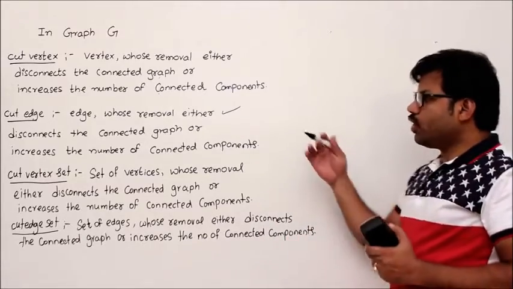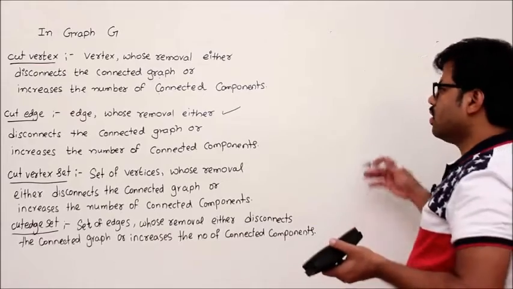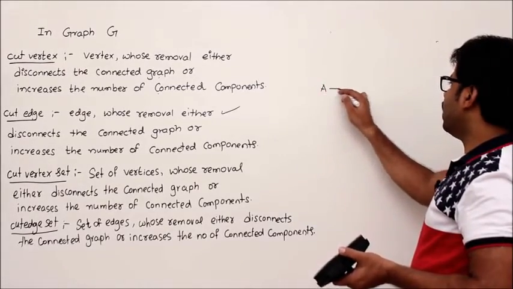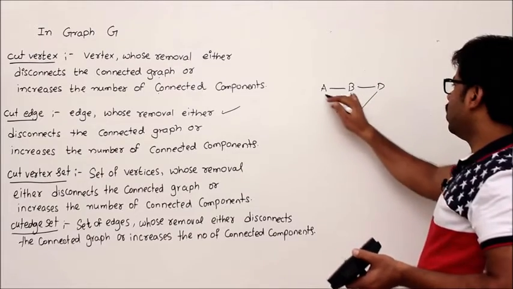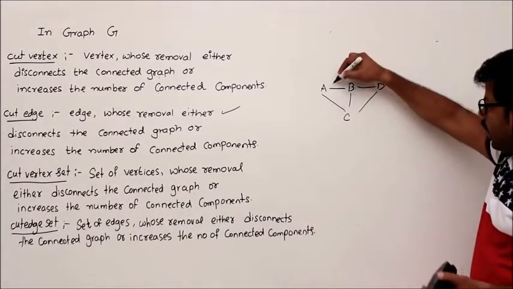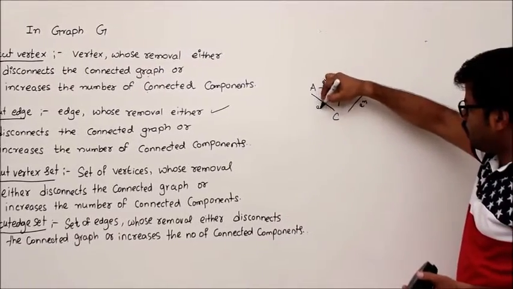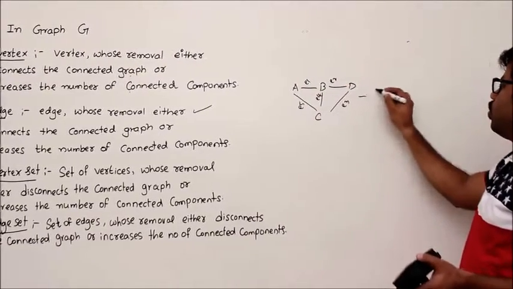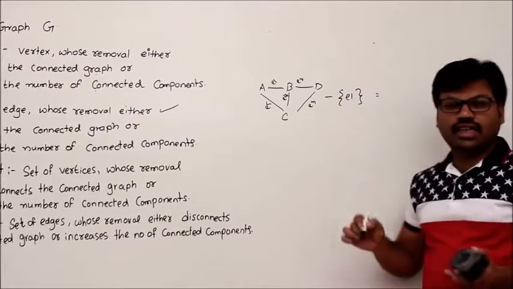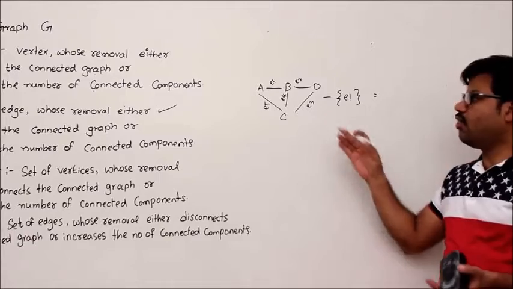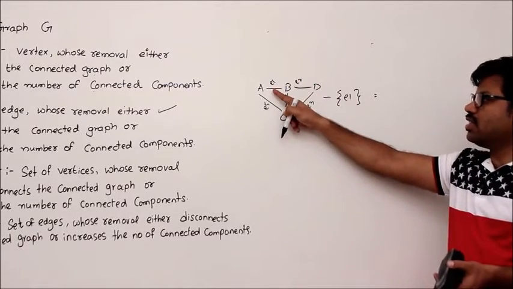Before going to cut edge, you should know the meaning of removal of an edge. So let's take one example and see what the removal of an edge is. For example, this graph. Let's take edge E1, E2, E3, E4, E5. Let me show you removal of E1. If I remove E1, then the resultant thing is a graph, and that graph is nothing but the entire old graph minus just this edge.